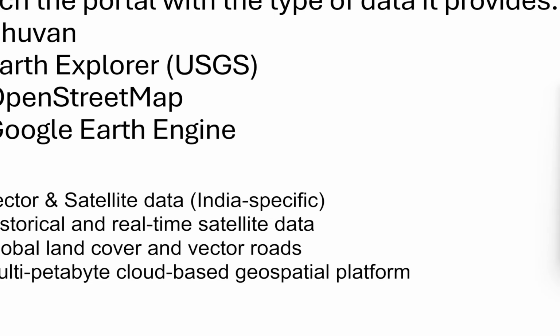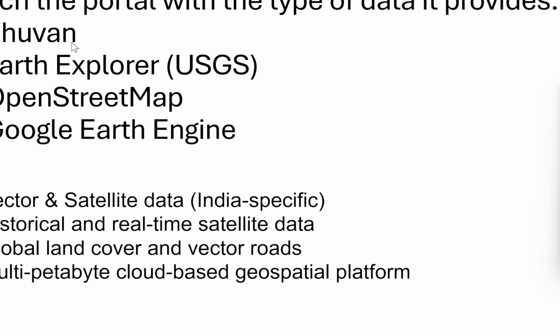Now you have to match the portal with the type of data. This is just to show you that there are different portals from which you can get different types of data sets.